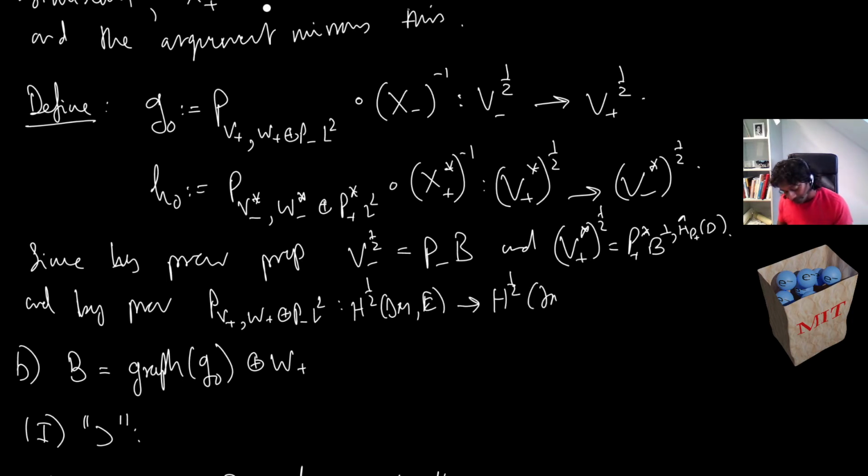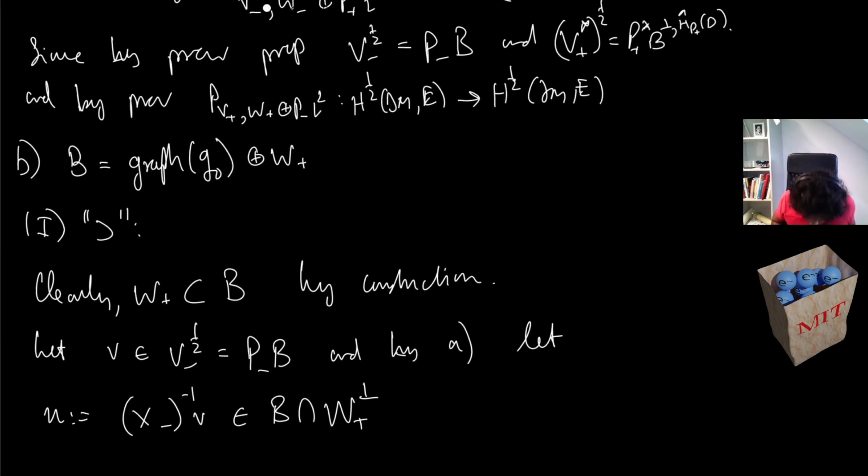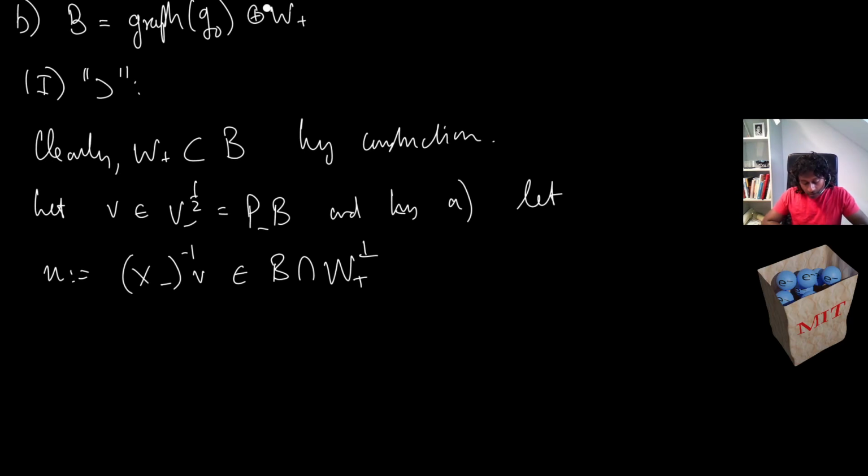Right, and similarly for the PV minus star. So, okay. All right, now let's get back to it. So we claim that B is the graph in this way. So we can write the U in this way, and then now we have an element in B intersect W plus perp.